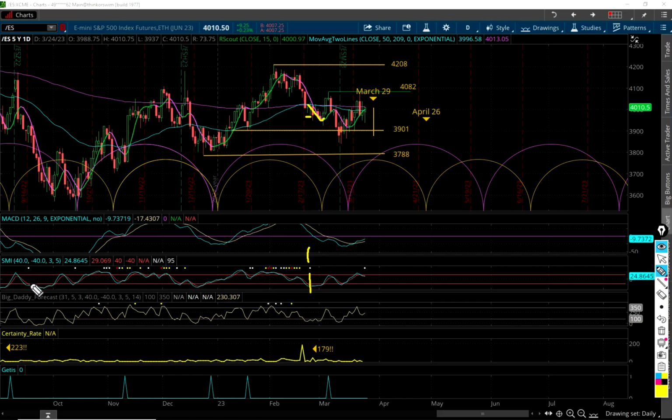So when you get the nightly emails, be careful that if you see a dot that's still on the down slope, be really careful. Don't assume that means we're going to go up. You've got to wait to see what the SMI does. Does it begin to curl up and the dot's right in the middle of that valley? That's pretty strong. See how these two are right in the middle? Bam, take off.